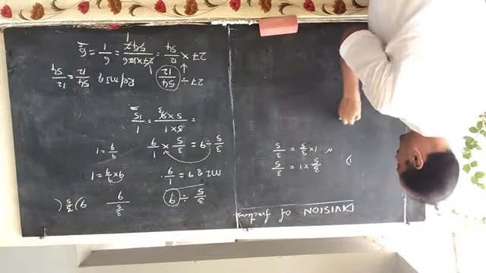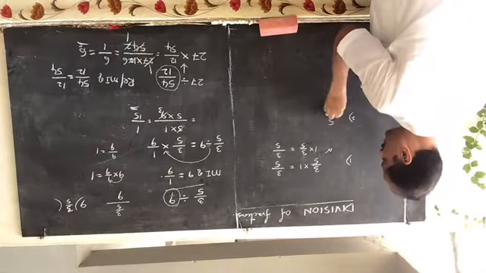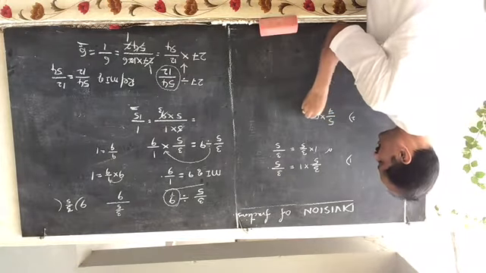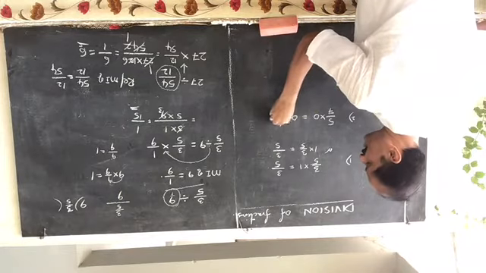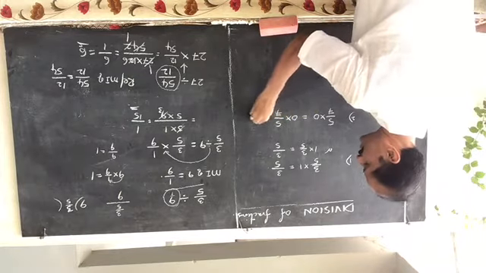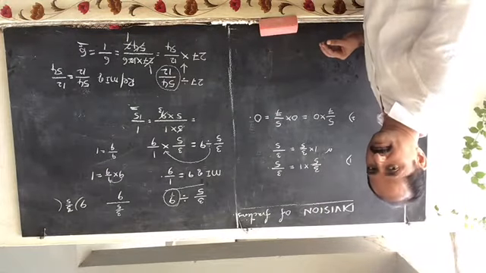Or another one: if you multiply a fraction with 0, 5/7 into 0 or 0 into 5/7, the product becomes 0. These are properties of multiplication.